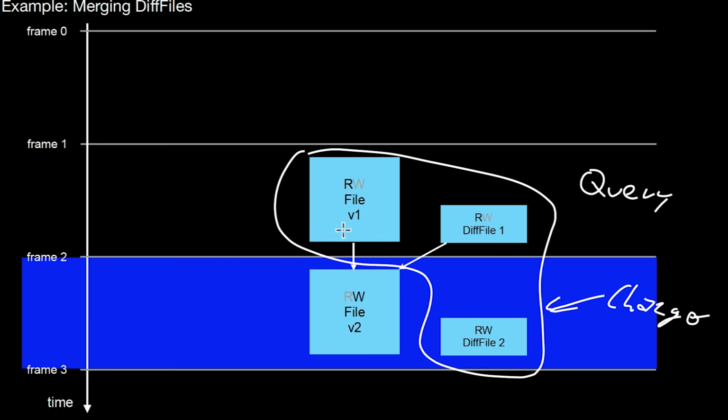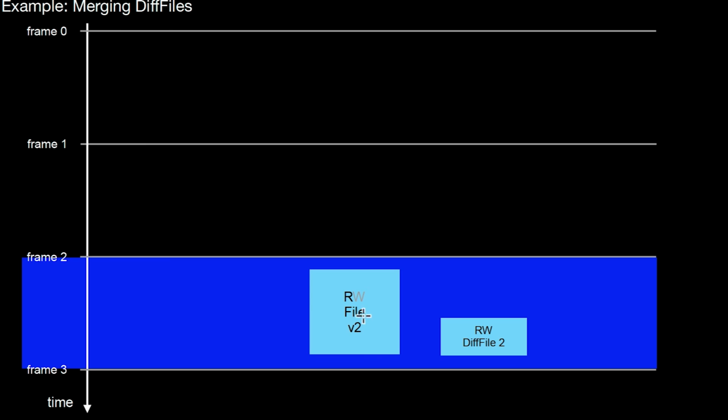So the old version 1 of the read-only file, the differential file 1, and the differential file 2. And again, once this merge here is done, once those 2 structures are entirely merged into the new version, we can reroute the queries to consider only this version 2 plus the differential file 2, and so forth. So this is how merging in differential files work.